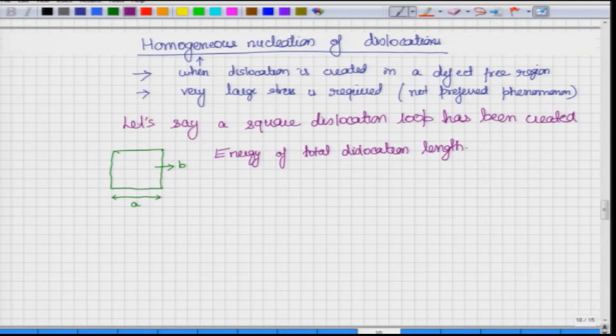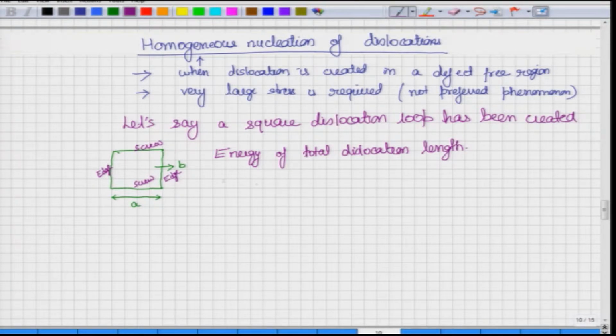Now, you can see if this is b, then this is screw, this is also screw, and this is edge, and this is edge. Now, in part 1 we have seen how to write the equation for a screw dislocation and how to write the equation for an edge dislocation, and here we know the total length. Usually the energy is written per unit length, but now we can multiply it with that length to get total energy, not per unit length.